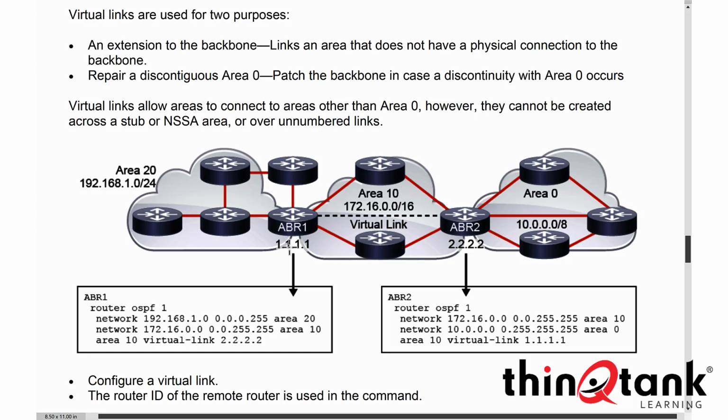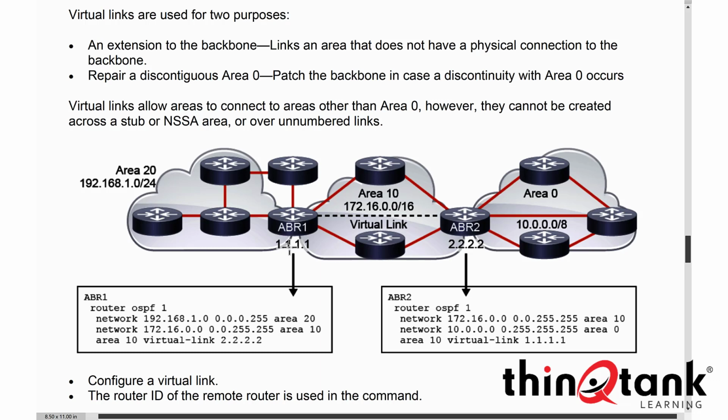In this case, we're creating an extension of the backbone. But like I said, we could also use this to repair discontiguous area 0s, where area 0 might be on the left and area 0 might be on the right, and then we have area 10 in the middle.